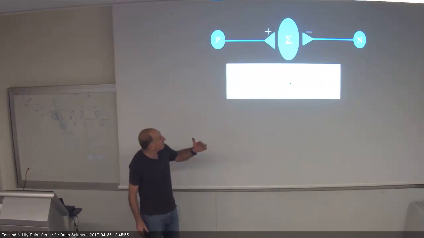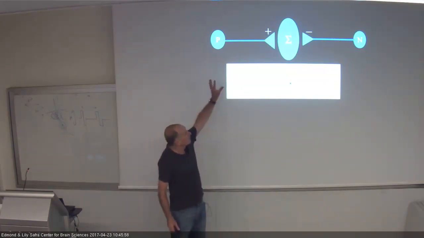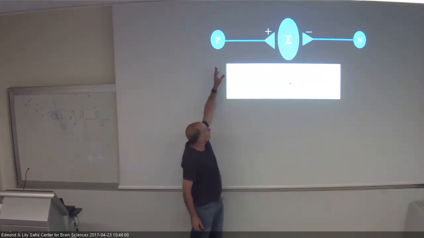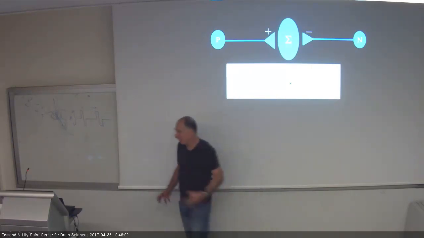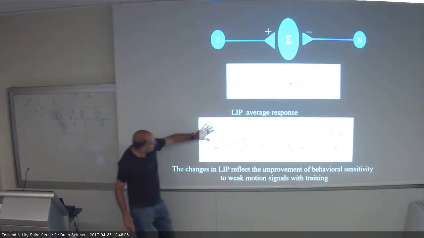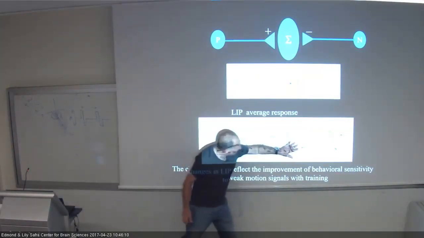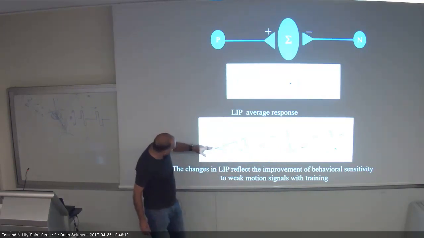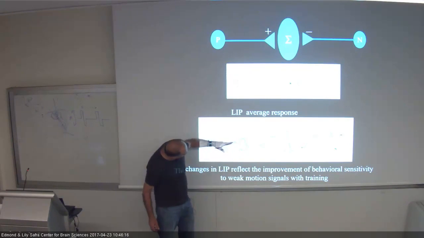Well, we can understand this in terms of the pooling of the signals of these MT neurons, integrated into these integrator cells. And indeed, if you look here, you see the early sessions versus the last sessions. So again, this is time from the start of the stimulus, and this is the integration process that takes place in these cells.